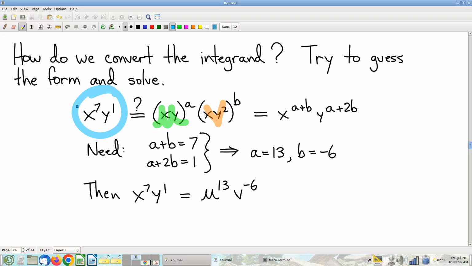And here's the strategery. The thing that I'm interested in is a product of powers of x and y. What I need to write it in terms of is a product of powers of x and y and a product of powers of x and y. Now, I have a rhetorical question.